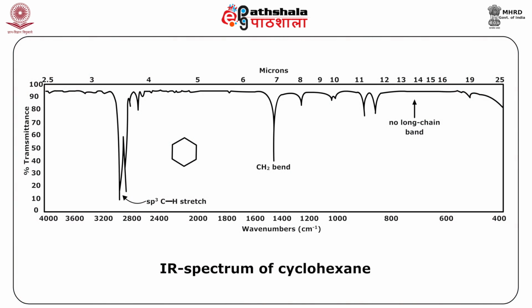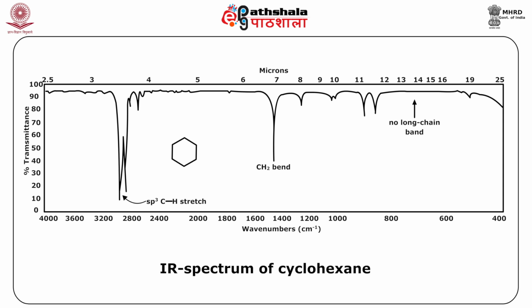Students, in case of unstrained cycloalkanes, the CH stretching frequencies are the same, that is between the range of 2800 to 3000 centimeter inverse, as in the case of acyclic compounds. However, methylene scissoring bands shift slightly to smaller wave number, that is 1417 in hexane and 1448 centimeter inverse in cyclohexane.